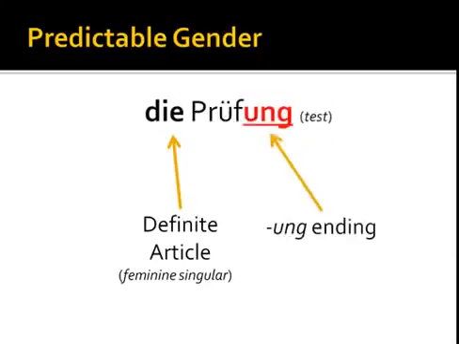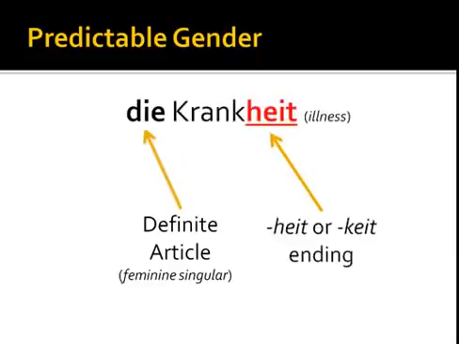Same thing with UNG endings. If you ever see a noun that has an UNG ending, this noun will always be feminine singular. Same thing with nouns that end in heit or keit. Die Krankheit, the illness. This will always be a feminine singular noun.